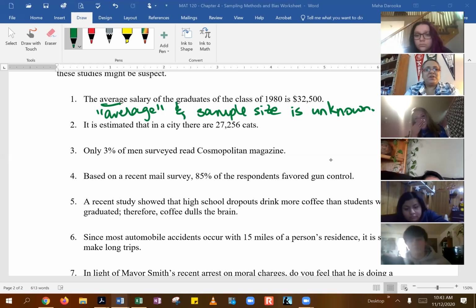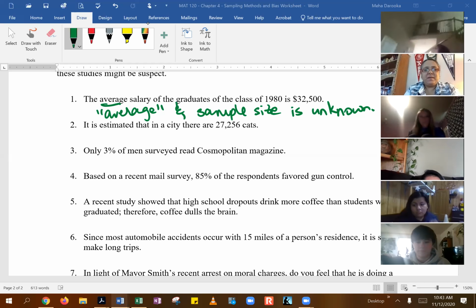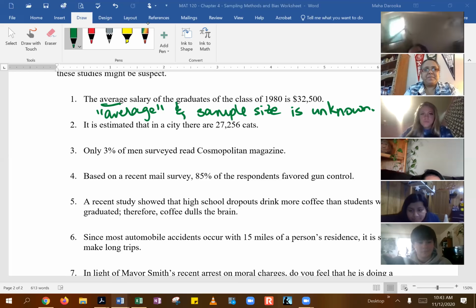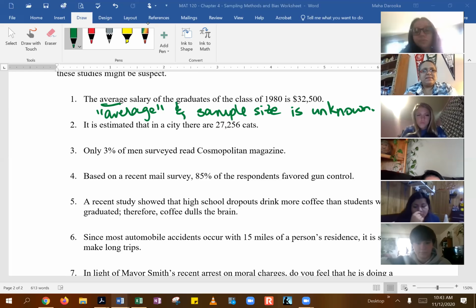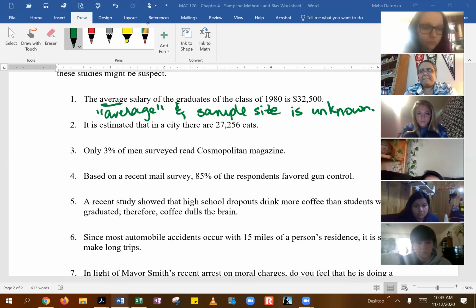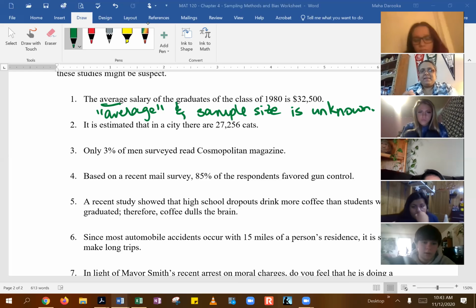Okay, so you're saying the word estimated, what the population of the city could be. Okay. What else stands out? Now think in terms of the cats themselves.